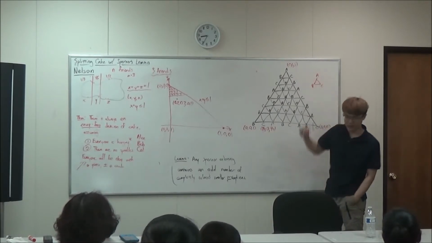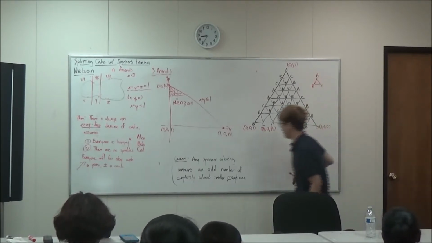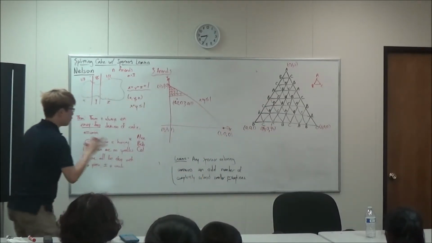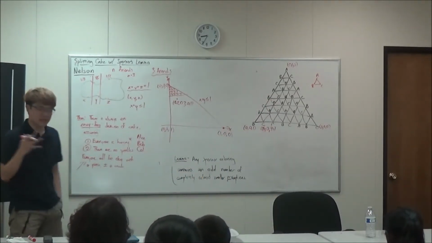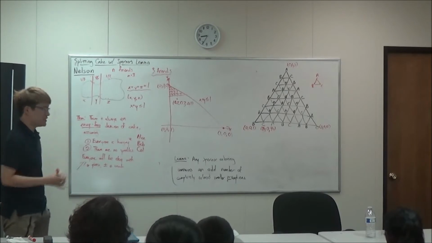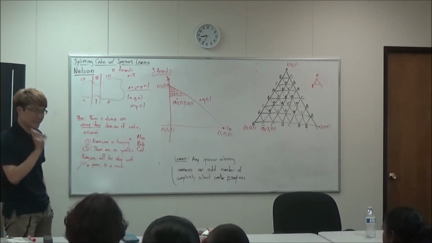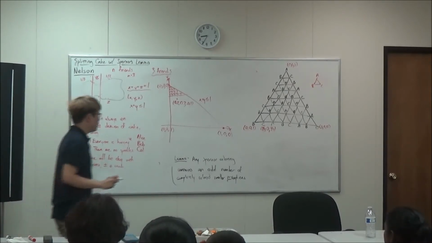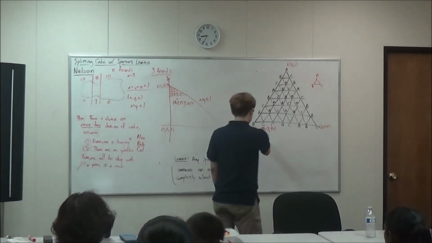An A, a B, and a C. And this will come in handy later. And what we're going to do is we're going to start asking each of these people what slice of cake they want. Let's start down here.